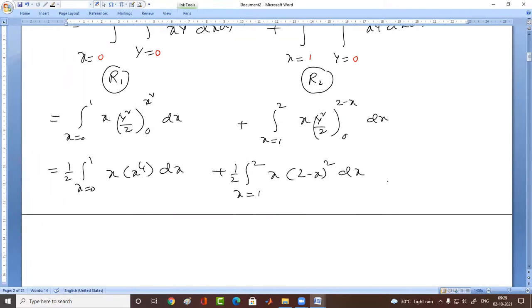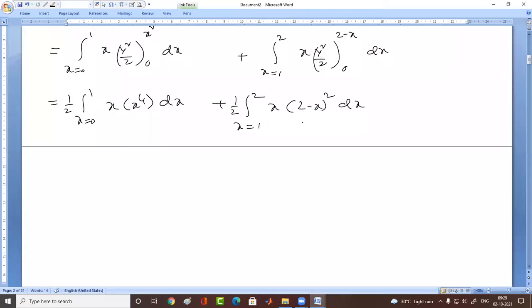Okay, integrate. For integrating, first simplify this one, I will write it here as rough work. x into (2 minus x) whole squared equals x into (4 plus x squared minus 4x), that is x cubed minus 4x squared plus 4x.